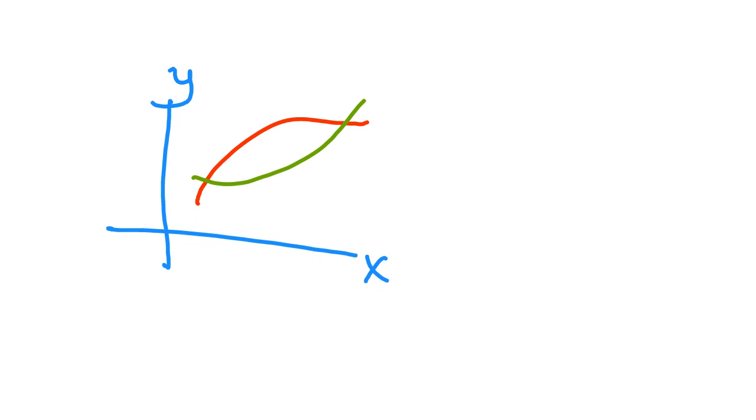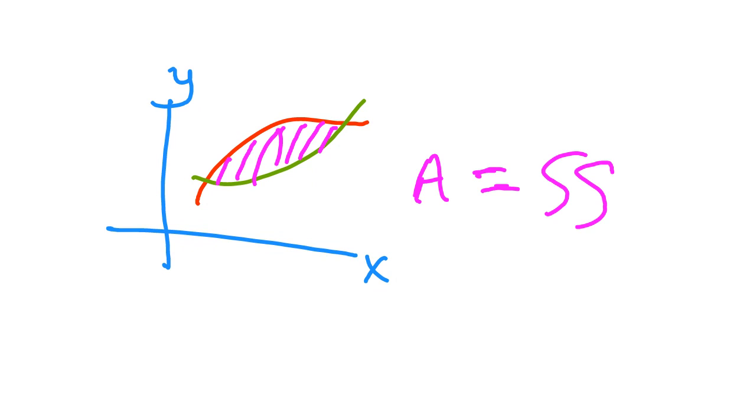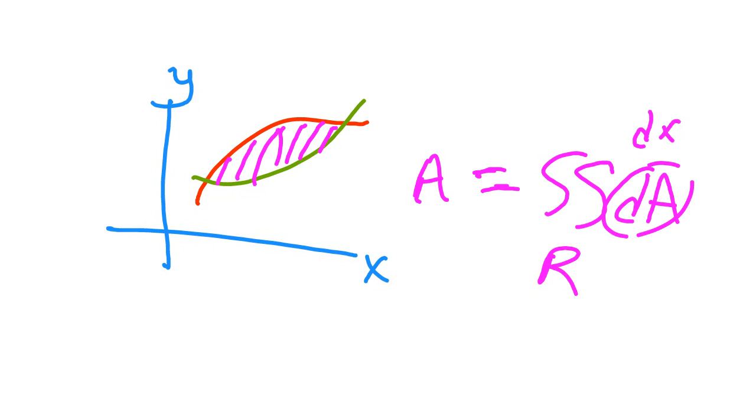So if I've got these curves here and I want the area in between, the question is, what would that be? The area could be considered the double integral over region R of dx dy, or basically dA, right? And then that dA we could either write as dx dy in rectangular or dy dx, depending on which one you want to do first, right?